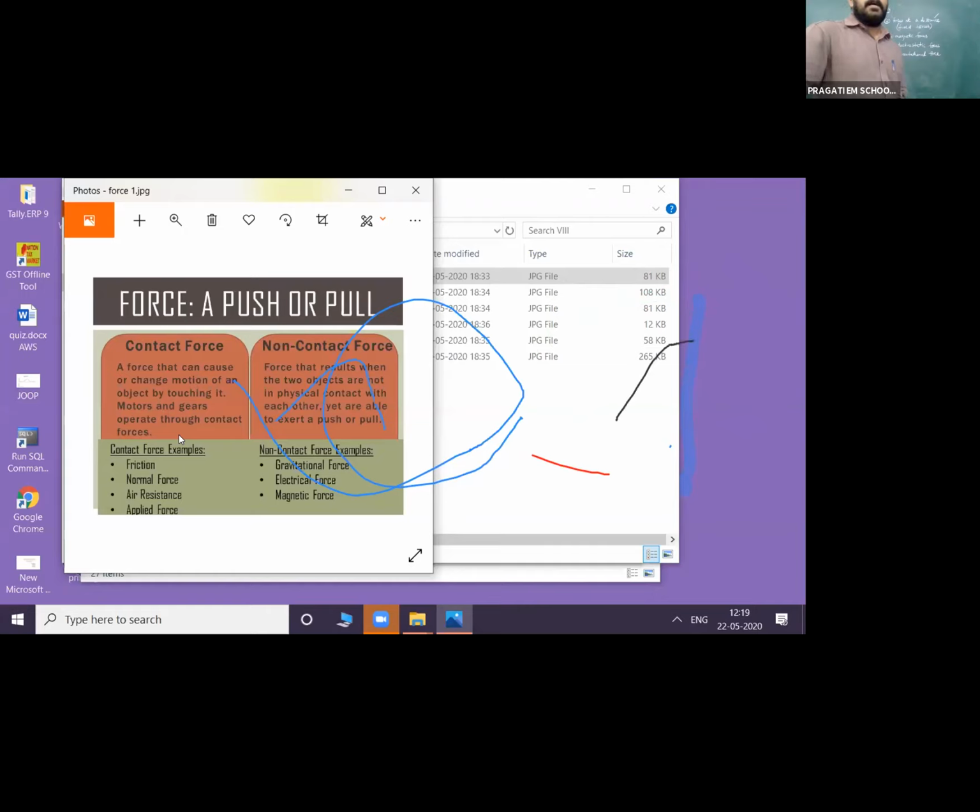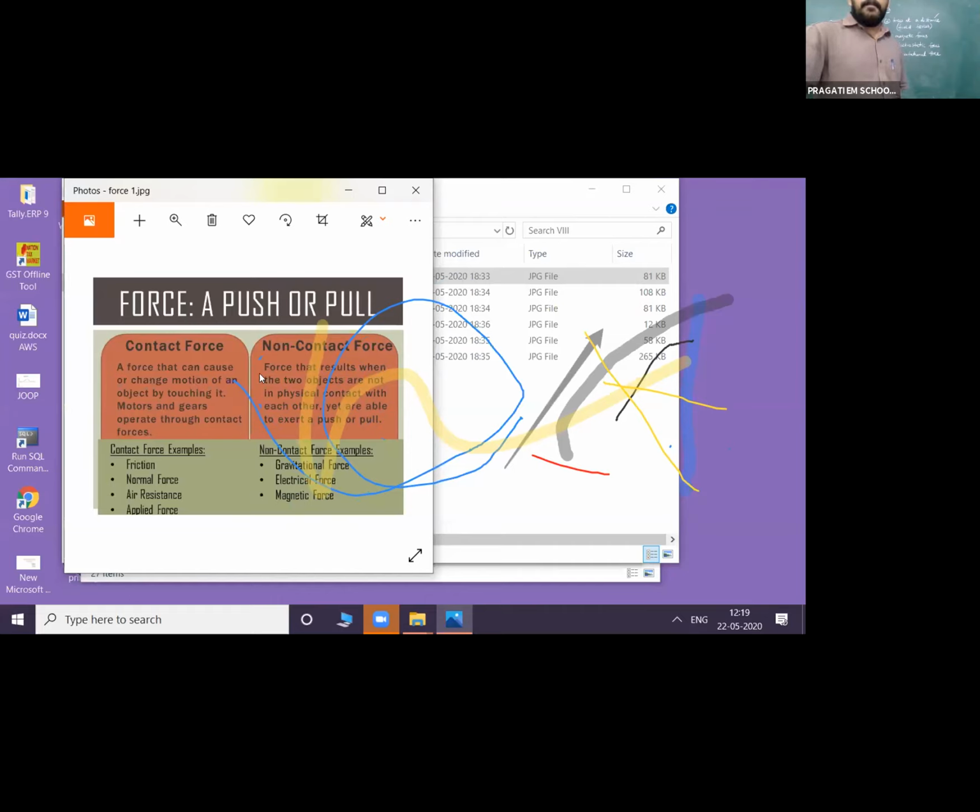Examples of contact force are friction, normal force, air resistance, applied force or muscular force. These all are examples of contact force.